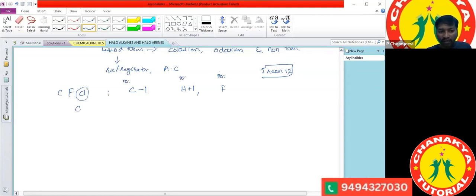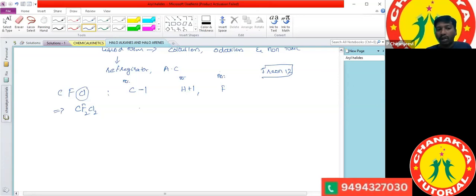For example, if they had given CF2Cl2, what is the name of the freon? If they give some molecular formula like CF2Cl2, how can we write the name?